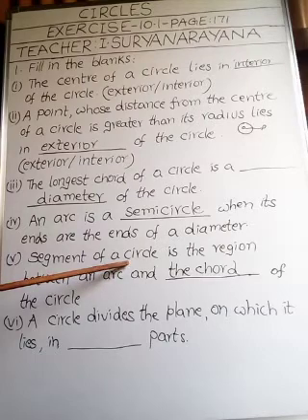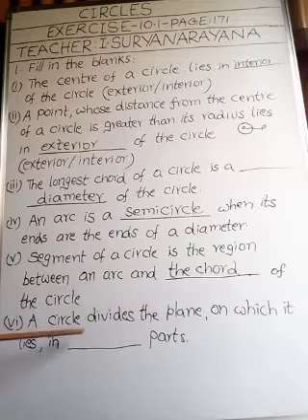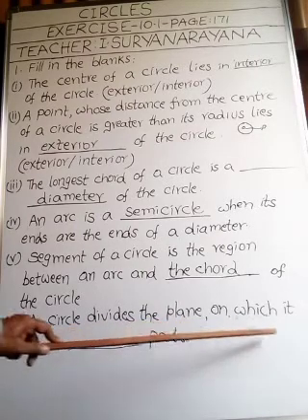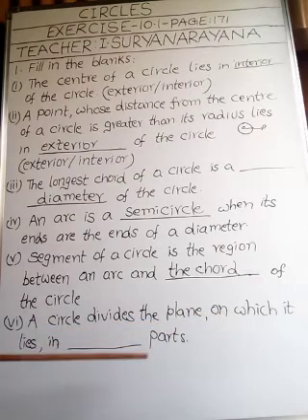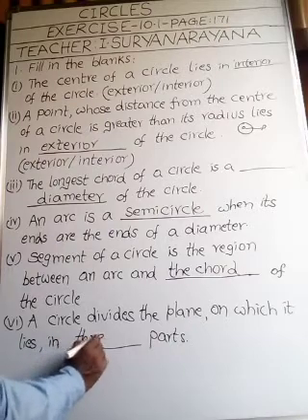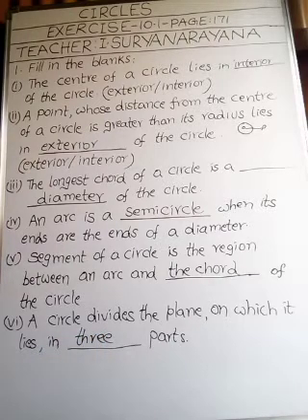Do you remember this point, my children? Right. Now come to the next question. A circle divides the plane on which it lies into dash parts. Into how many parts does the circle divide the plane? Yes, 3 parts. Understood this point, my children?